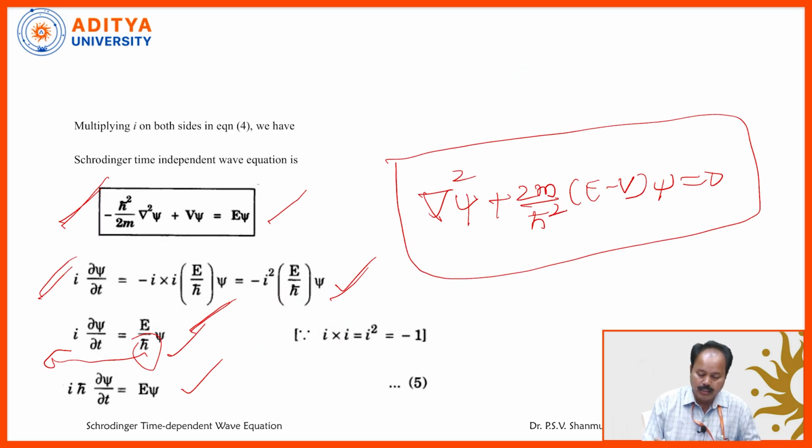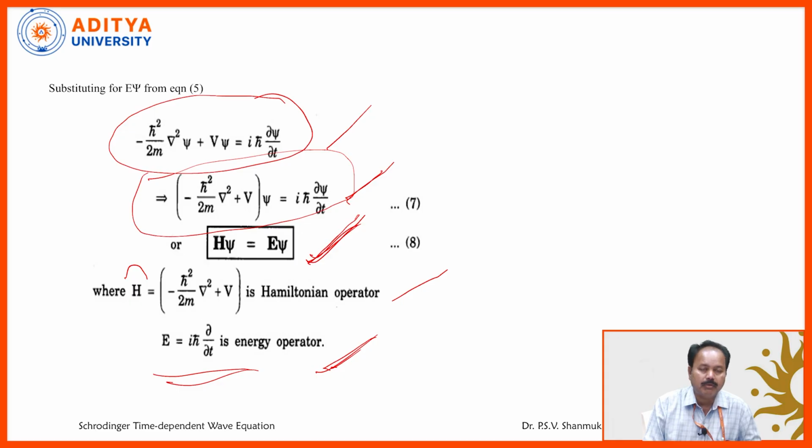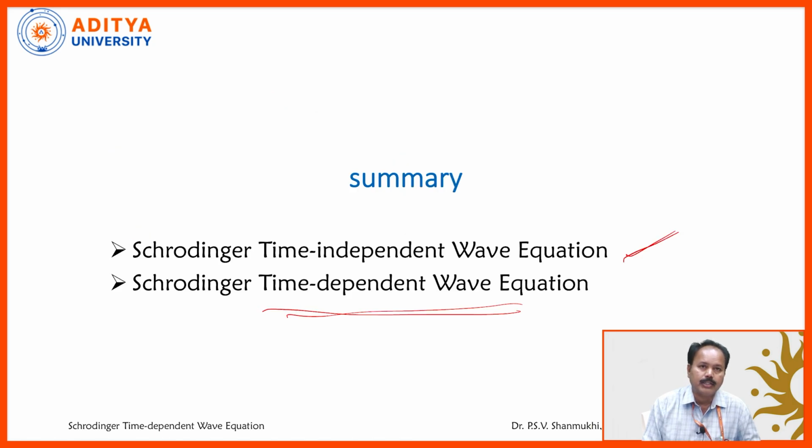Afterwards in the Schrodinger wave equation, this E psi is substituted, and on simplifying we got the equation minus h cross squared by 2m del squared plus V into psi is equal to i h cross ∂ψ/∂t. This is called the Schrodinger time dependent wave equation, or in the simplest form it is written as H psi is equal to E psi, where H cap or H crown is called the Hamiltonian operator and E is called the energy operator.